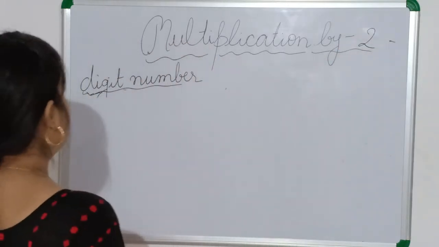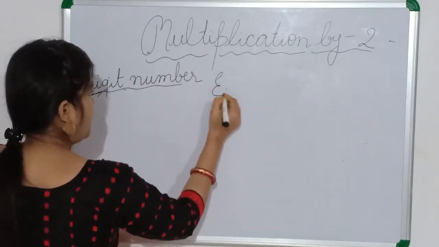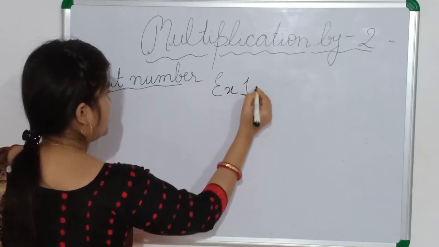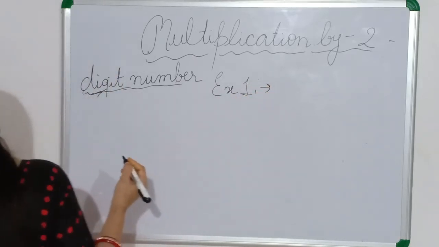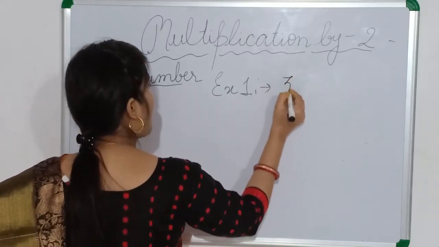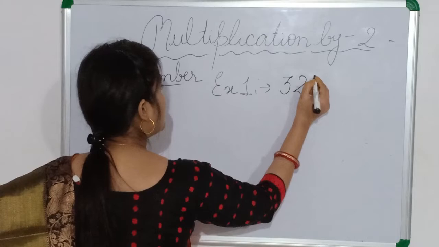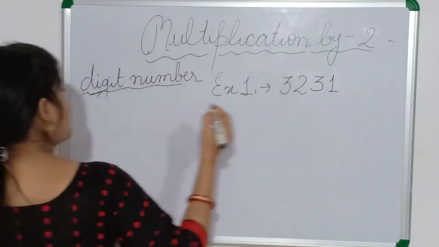Digit number. So here also I am taking one example. Example 1. I have to multiply 3231 by 12.